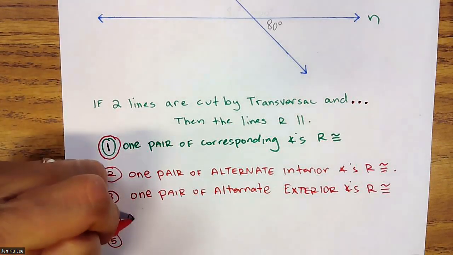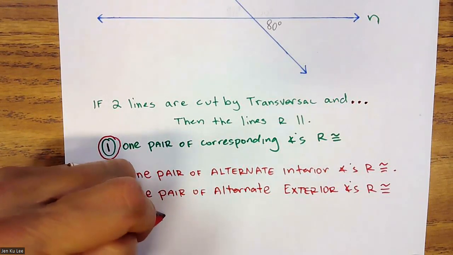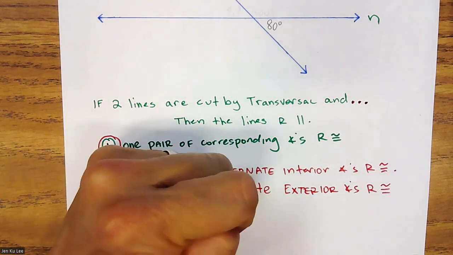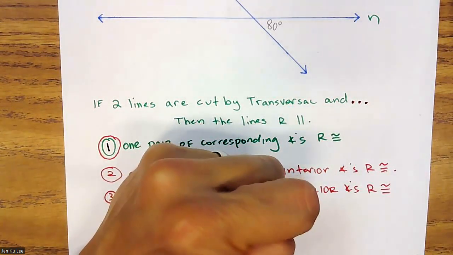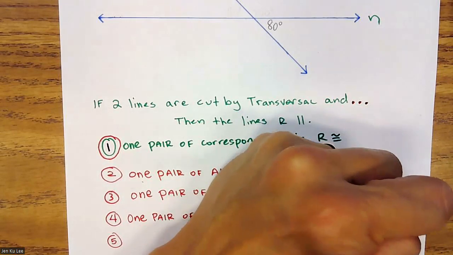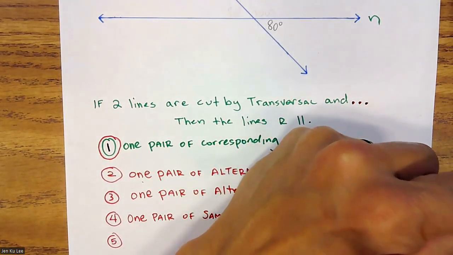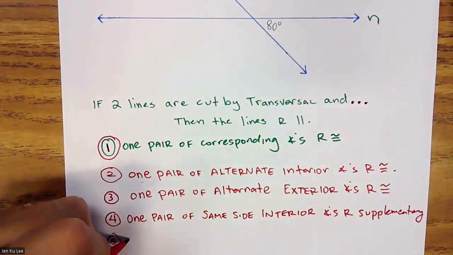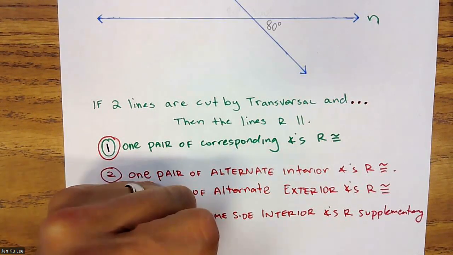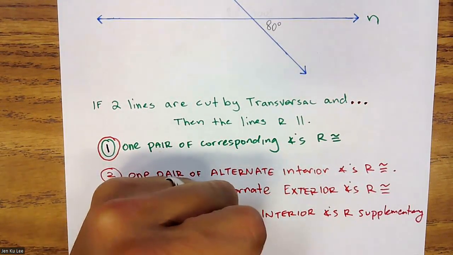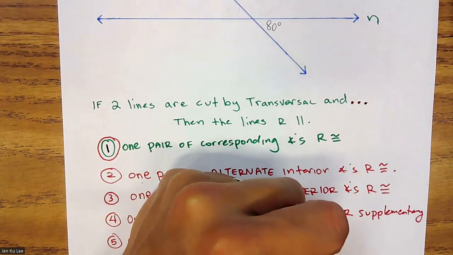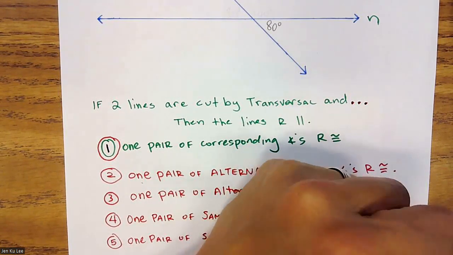Supplementary: one pair of same side interior angles are supplementary. And the last one is one pair of same side exterior angles are supplementary.